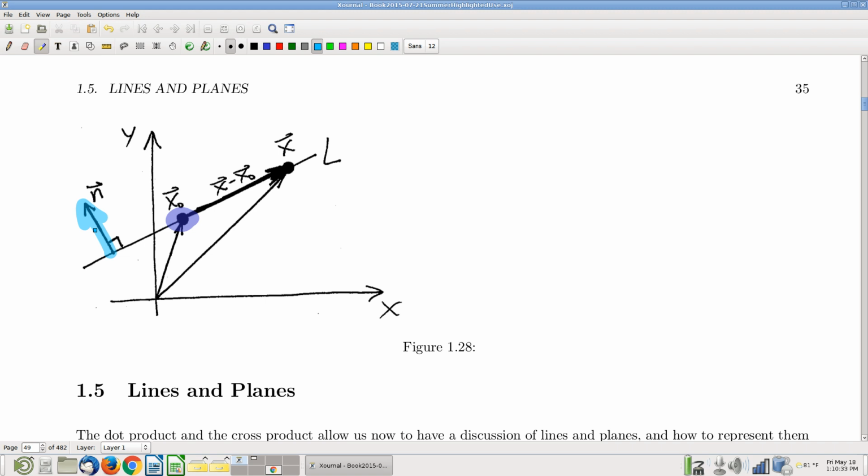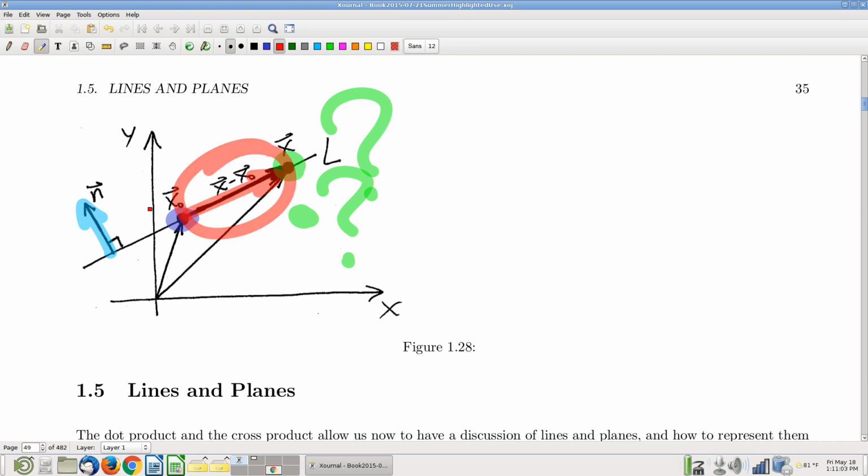Okay. So from that, let's derive the equation of this line. There's a nice argument for how to do this. It starts with a test. Let's talk about how I would test if a point x is or is not on the line L. The first observation I'm going to make is that we're given that x naught is on the line. So if x is also on the line, then that difference should be parallel to the line.